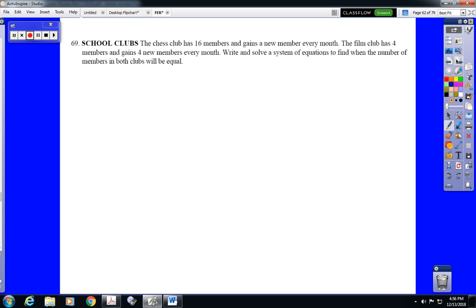We are going to write a system of equations, but the way we're going to do this is we are going to write each one of these equations in y equals mx plus b form. So for the chess club, 16 members will be your intercept, and your slope will be 1 because they're gaining 1 member per month.